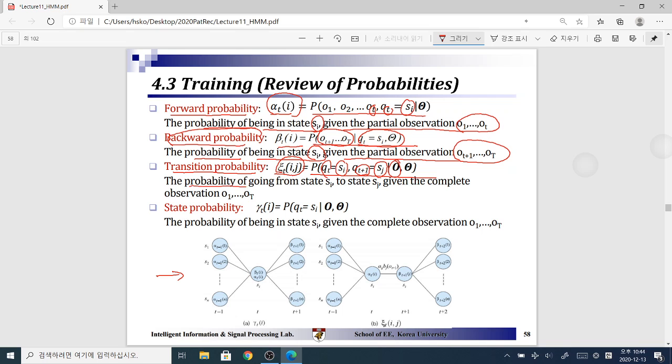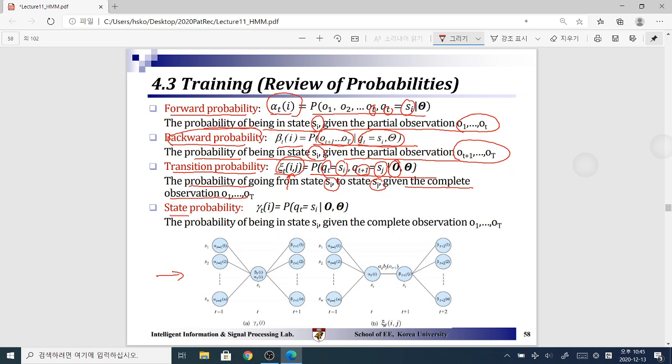So this would be the probability of going from state i to state j given the complete observation. That would be the transition probability, which is designated as psi sub t of i and j.